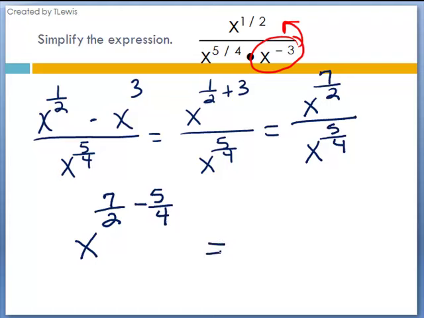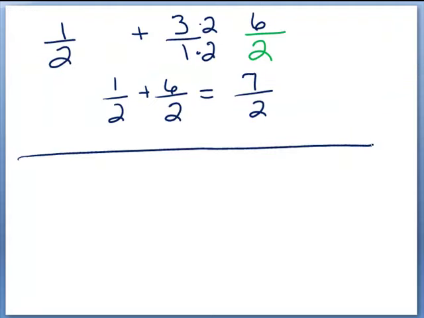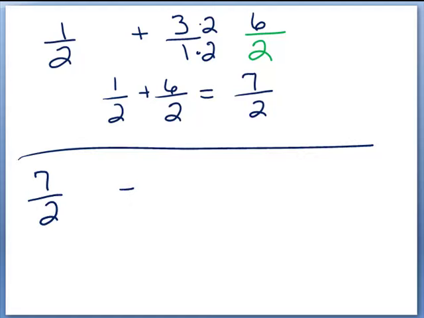We want to find out what is 7/2 minus 5/4. So let's do that. 7/2 minus 5/4. We want a common denominator. The least common denominator is 4.